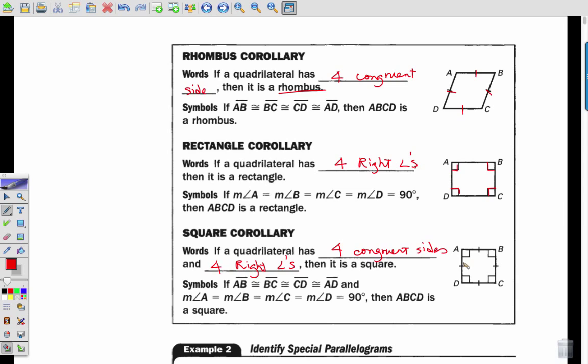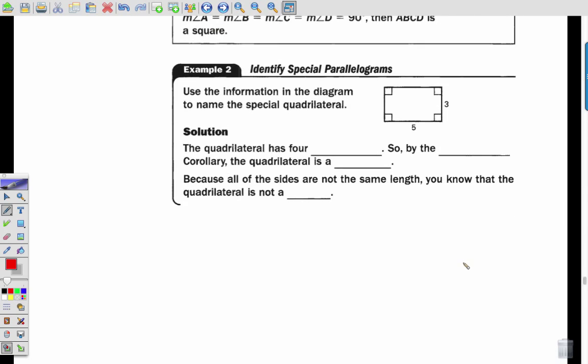So these are just an extension of the definition, and basically it's a converse. Remember, if we switch the conclusion with the hypothesis, I've got a converse. So let's see, how do we use them.